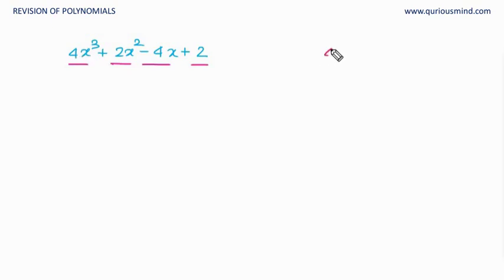So here if you see 4 and x cube, they are bound by multiplication, 4x cube, or 2 and x square bound by multiplication, or minus 4 and x bound by multiplication, or 2 and x raised to 0. X raised to 0 is 1. They are again bound by multiplication. So these are called terms.